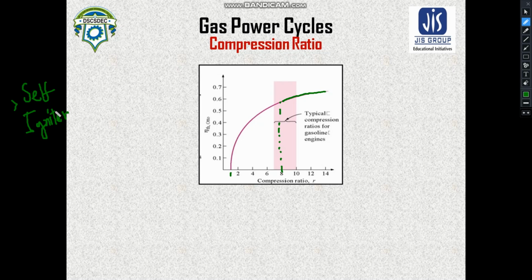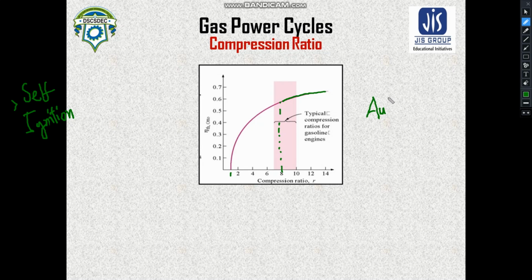So if you go on using a high compression ratio, the temperature and pressure are raised so that they become higher than the self-ignition temperature, then premature burning can occur. This phenomenon is called auto ignition.